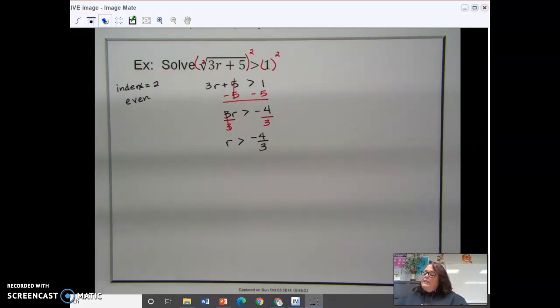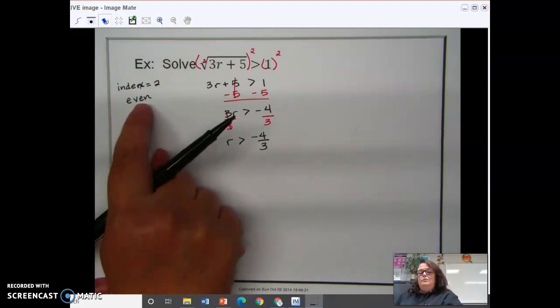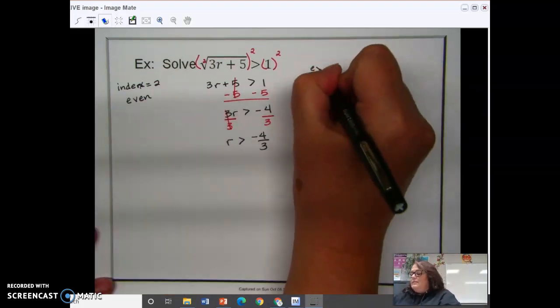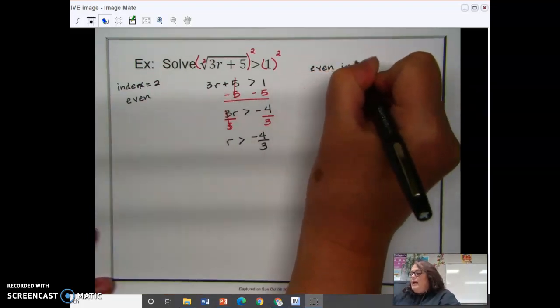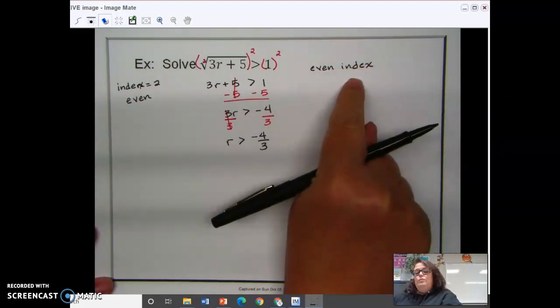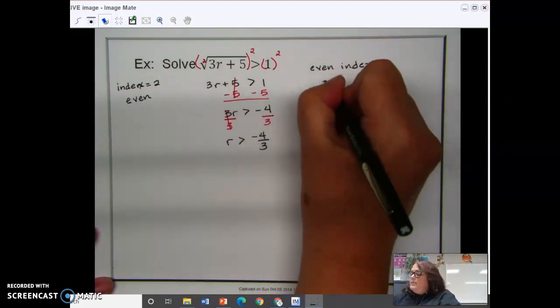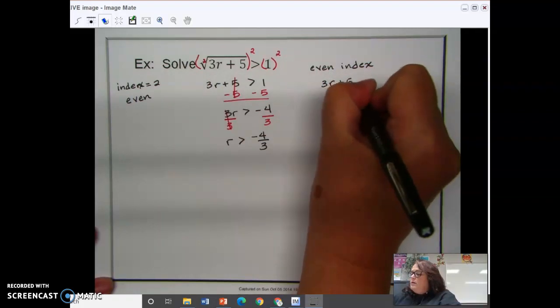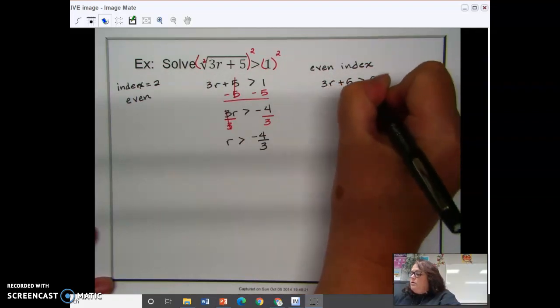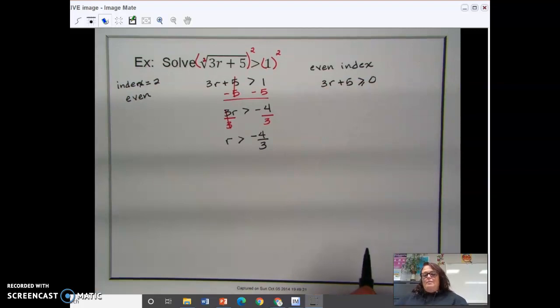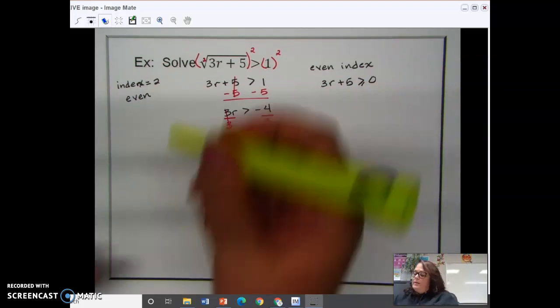The second part of the problem deals with the fact that I have an even index. An even index or an even root means I have to make sure that what's inside of the radical is greater than or equal to 0. Not negative means it can be 0 and it can be positive. Here's an interesting thing that happens.